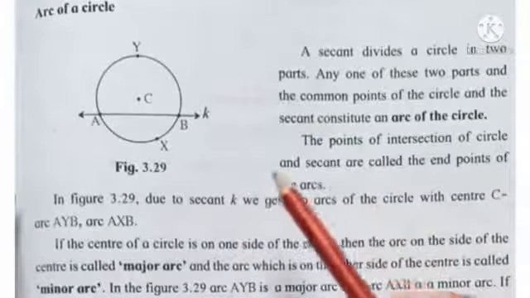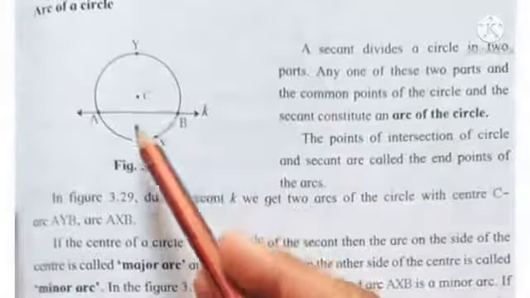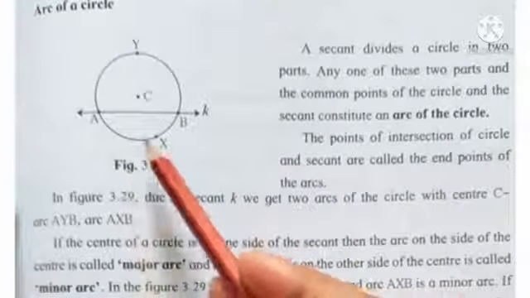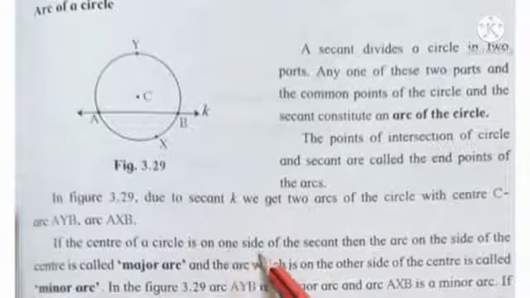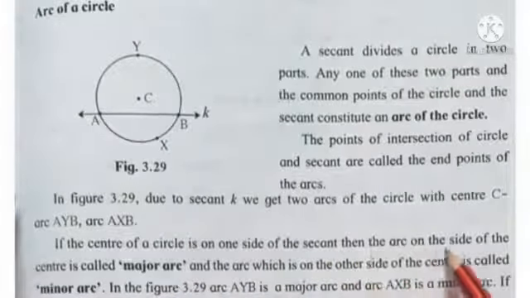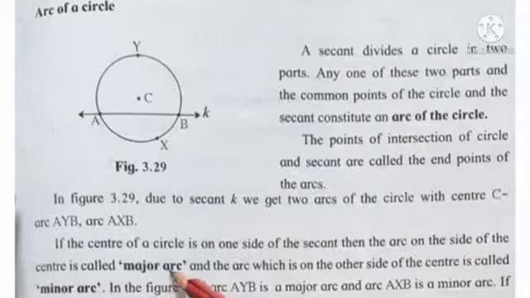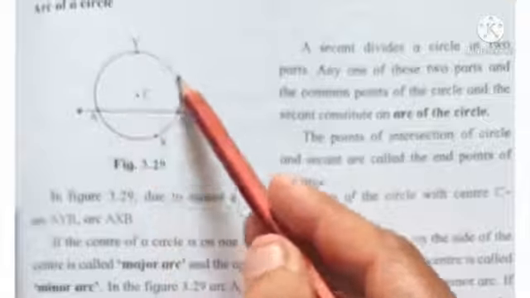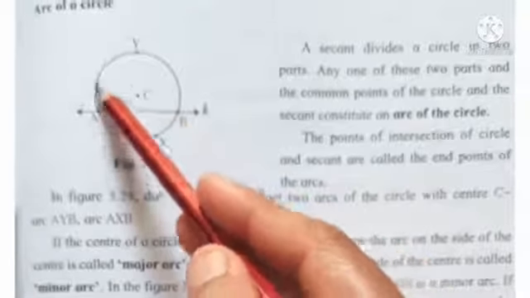So what are the names of these two arcs? See, if the center of the circle is on one side of the secant, then the arc on the side of the center is called a major arc. Here the center is on the arc AYB, so AYB is called a major arc.